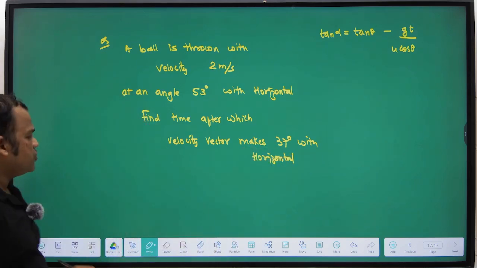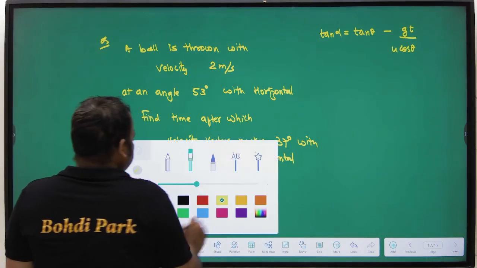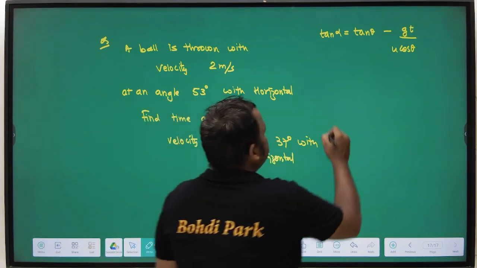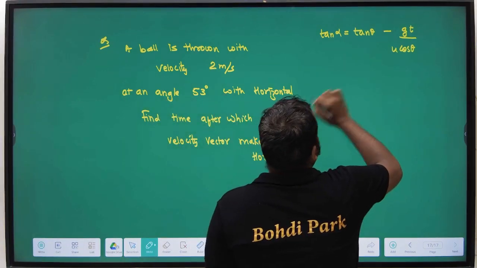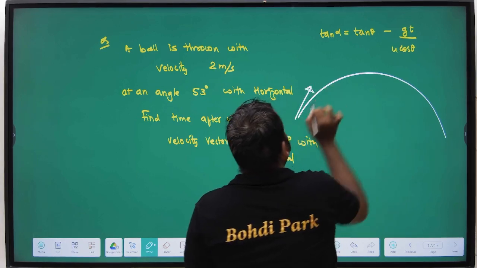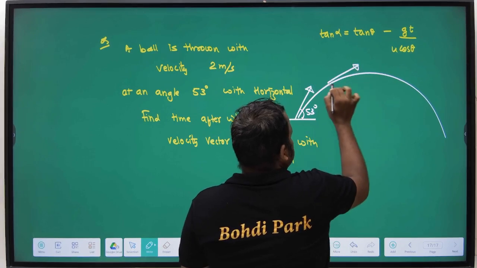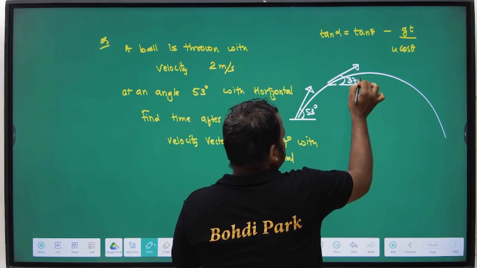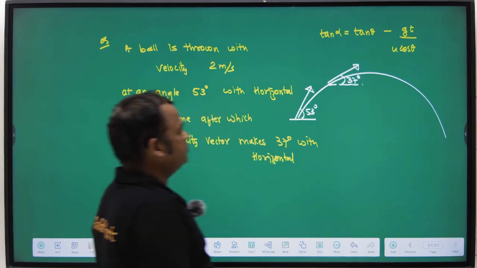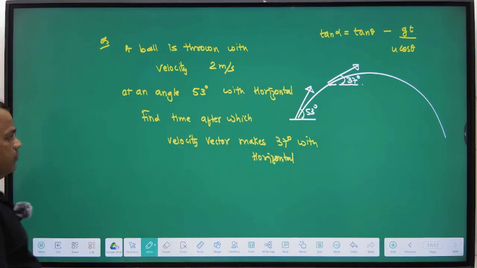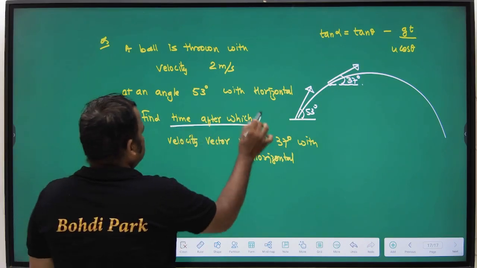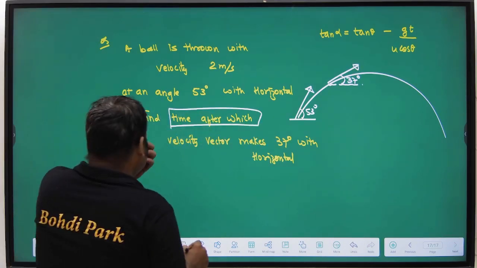So let's draw the diagram first. Initially the angle is 53 degree. After some time the angle is 37 degree. So after what time does the angle become 37 degree?